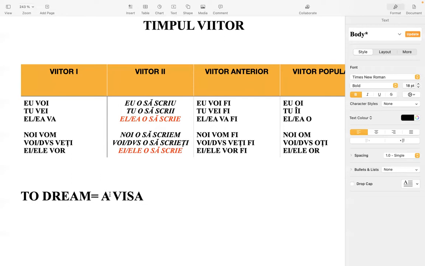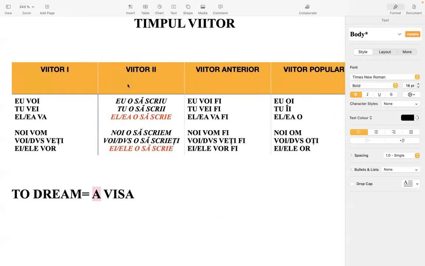Eu voi visa. So we go to the infinitive part, or the dictionary form of the verb, and we take the verb without using this "to" in the English language. And this is it. You have just to learn the "will" parts for each person, and then you can use it. And I guess it's easy, not that hard.